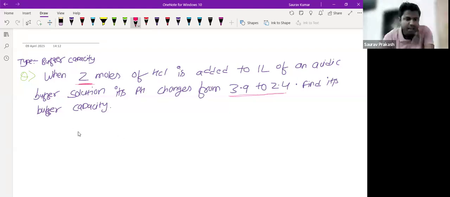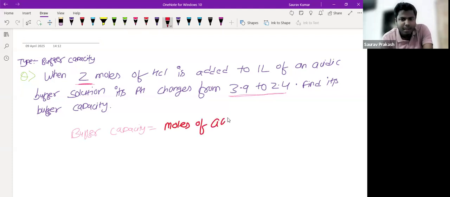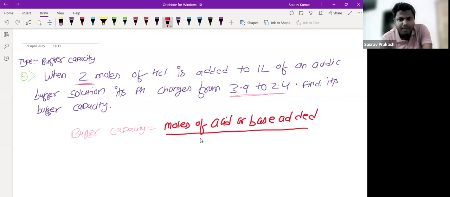So you have learned buffer capacity equals moles of acid or base added upon change in the pH.